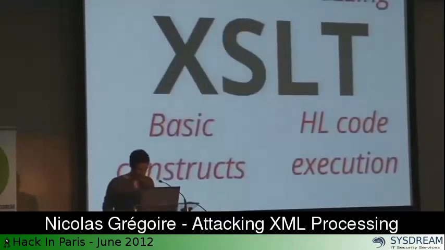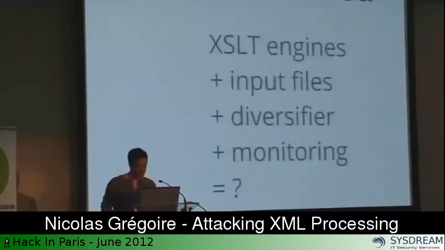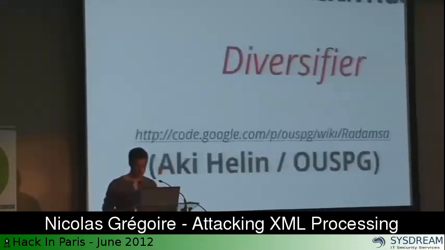So that's the introduction. Fuzzing. I spent a few weeks doing some XSLT fuzzing. Very, very stupid fuzzing. I took some XSLT engines, some input files that I found using Google or Bing, a diversifier in order to generate modified files, and some very basic monitoring.